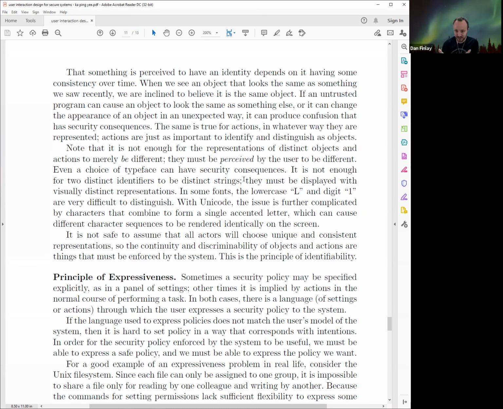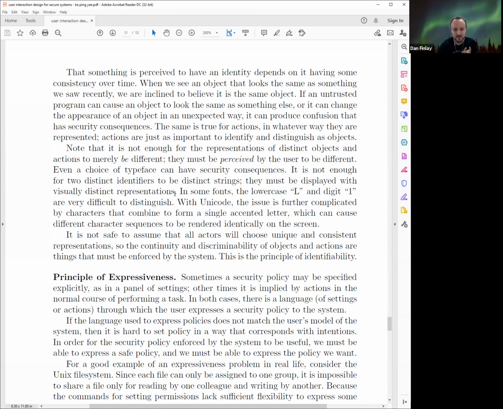In some fonts, lowercase l and the digit 1 are very difficult to distinguish. With Unicode, the issue is further complicated by characters that combine to form a single accented letter, which can cause different character sequences to be rendered identically on the screen. It's not safe to assume that all actors will choose unique and consistent representations, so the continuity and discriminability of the objects and actions are things that must be enforced by the system. This is the principle of identifiability.